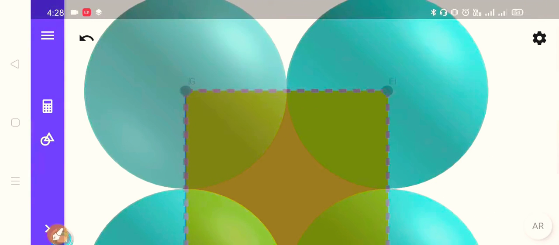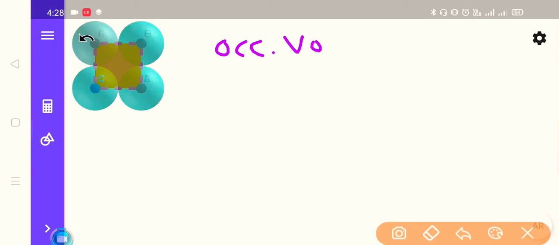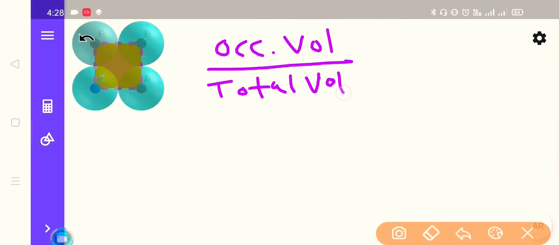Now let us discuss packing efficiency. As discussed earlier, our equation will be occupied volume divided by total volume, multiplied by 100. As mentioned, occupied volume is by spheres, and how many spheres do we have in a primitive unit cell? As discussed earlier, we have one sphere. So the volume of one sphere is equal to our occupied volume. What is the equation of the volume of a sphere?